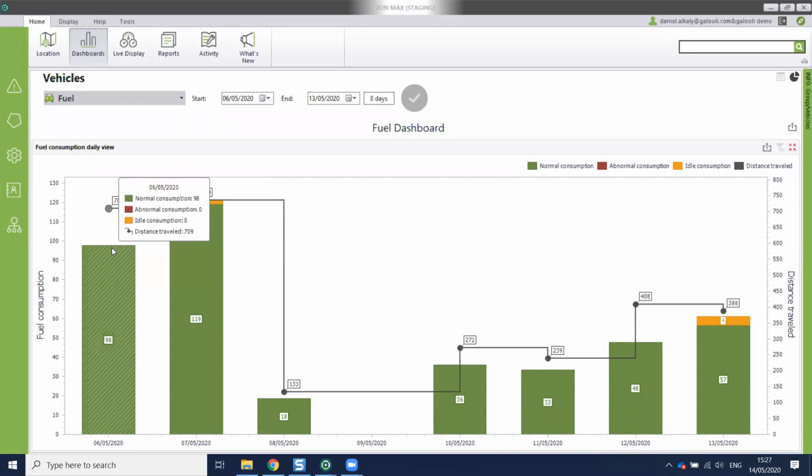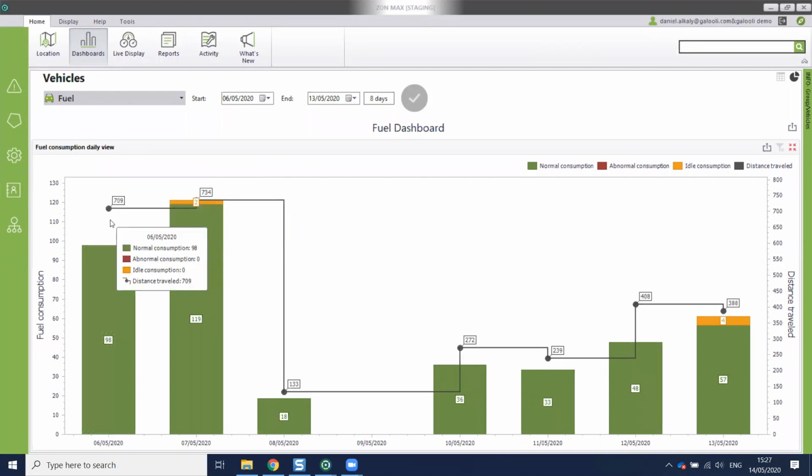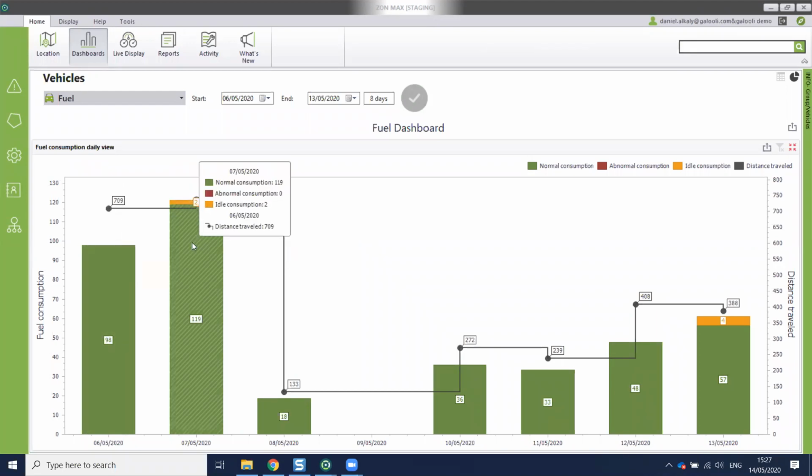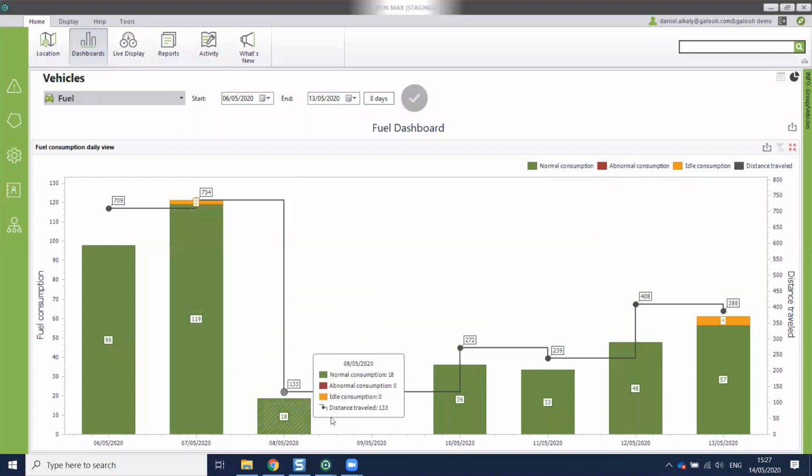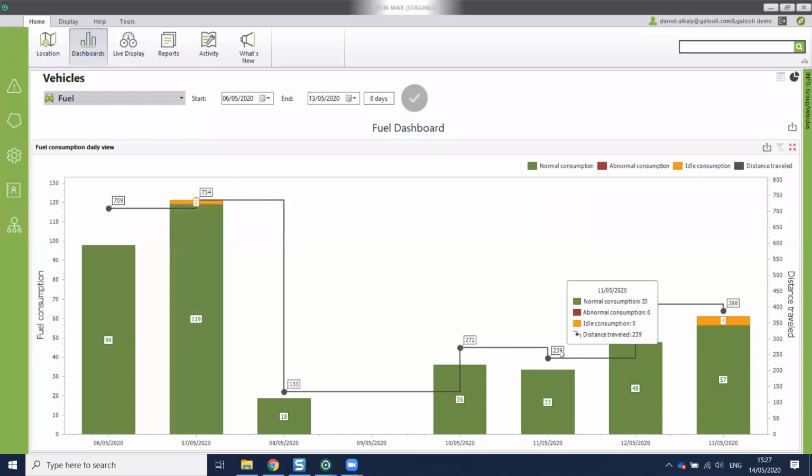We see that we have 98 liters consumed and we have 709 kilometers traveled. We have a little bit of a higher number of kilometers in this case, and therefore the fuel consumption increased. And then, this was the weekend, and then we have much less consumption, and we can see that the fuel has decreased as well.